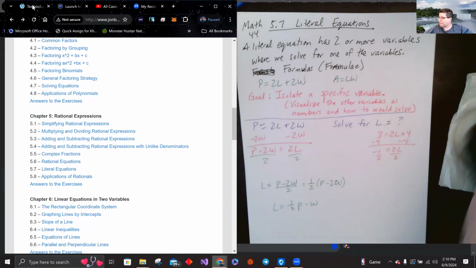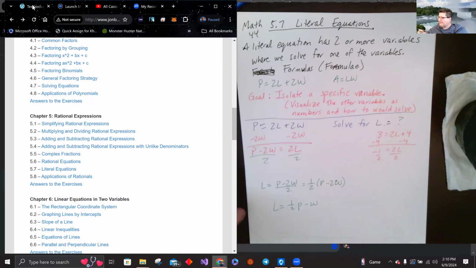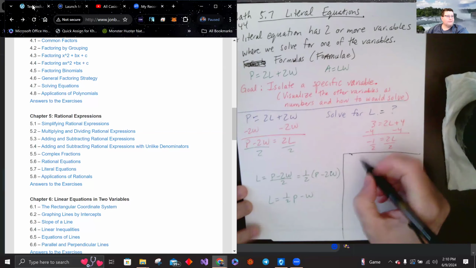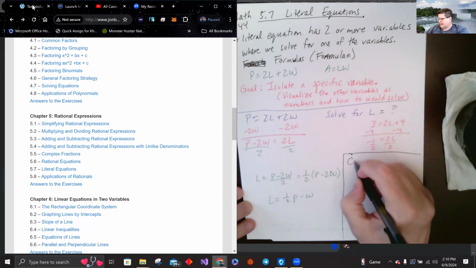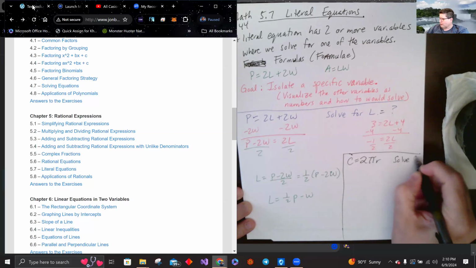All right. Why don't you guys give it a try real quick? We in the past have given the circumference of a circle. C equals 2 pi r. Solve for r.